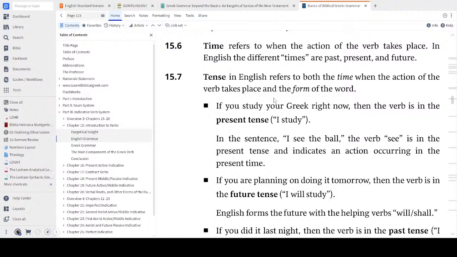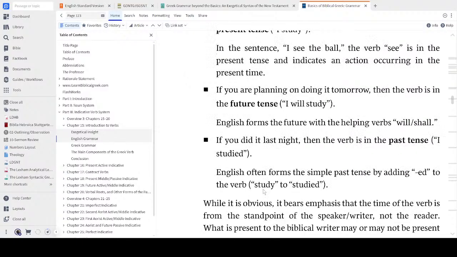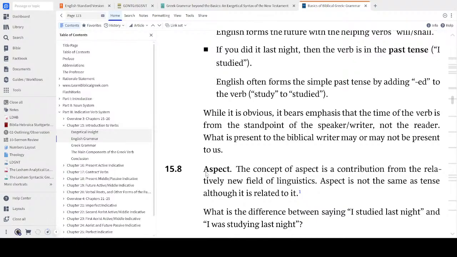And when he's talking about tense, tense here is morally reserved for the indicative verb, present tense, etc. You can think of tense and time as really synonymous when you're hearing it from Bill Mounce.